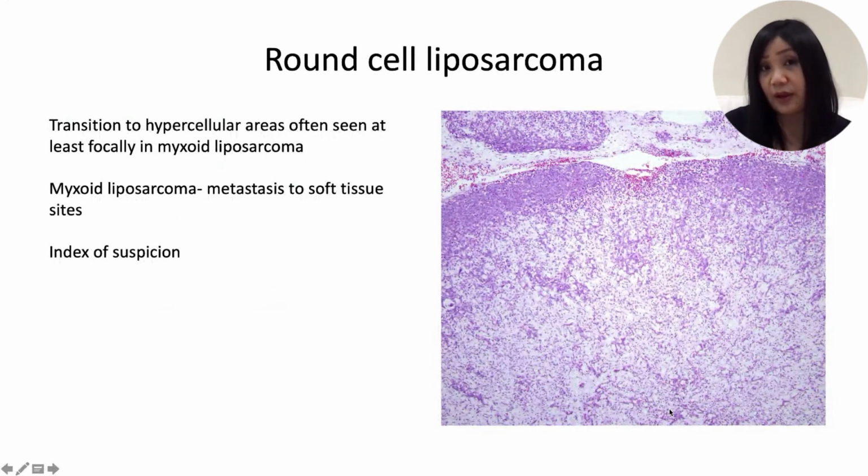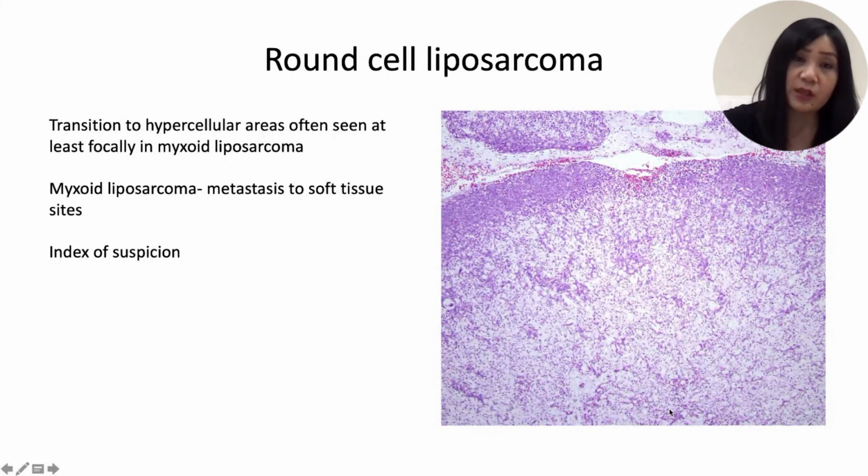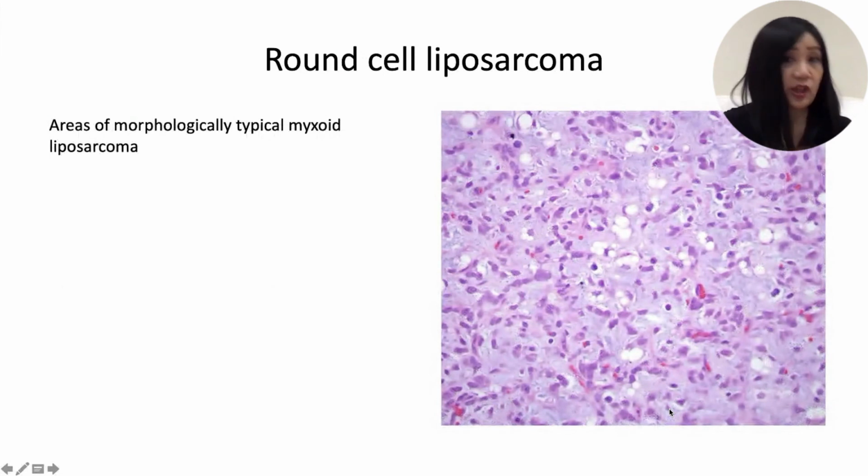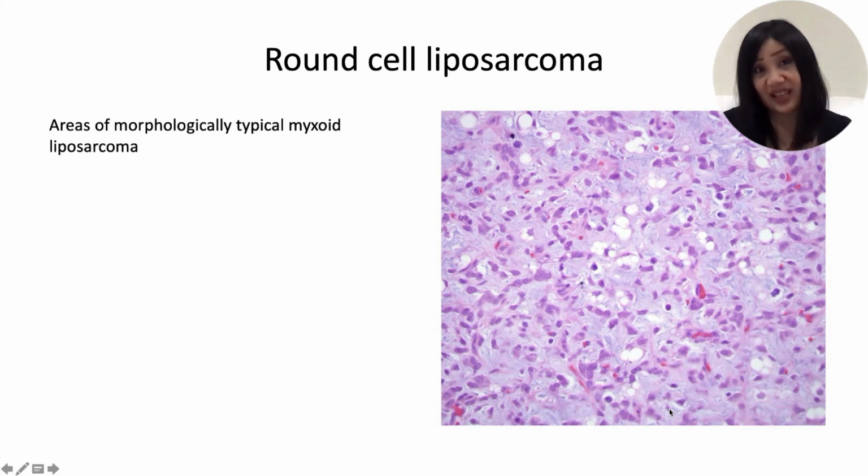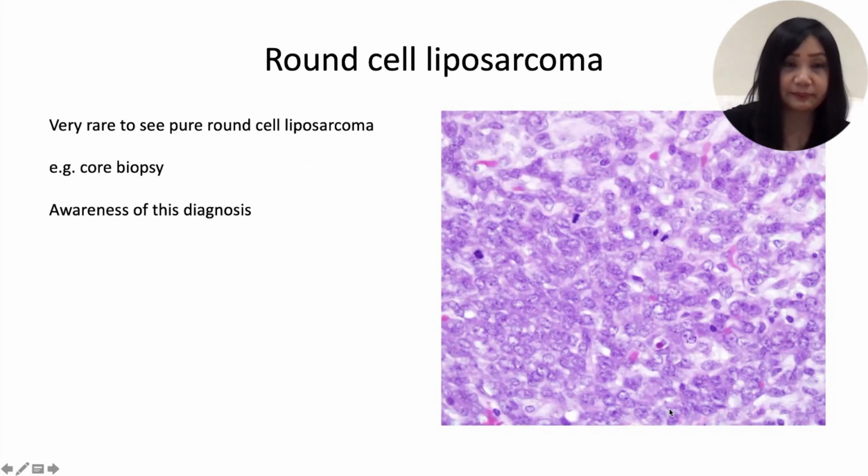So we see a little bit of myxoid stroma if we have an index of suspicion, and then we can see typical areas, even if they're small, of myxoid liposarcoma with prominent amphophilic myxoid stroma with small numbers of scattered lipoblasts and this curvilinear architecture of small thin-walled vessels.